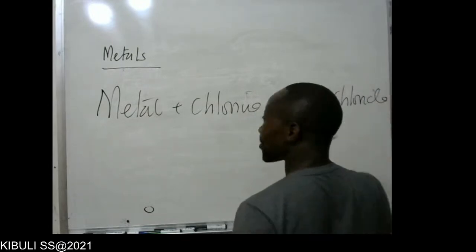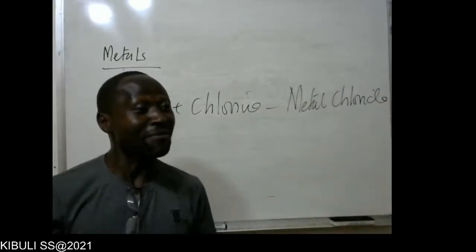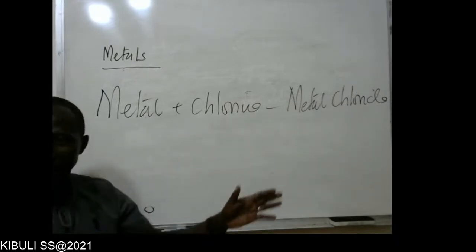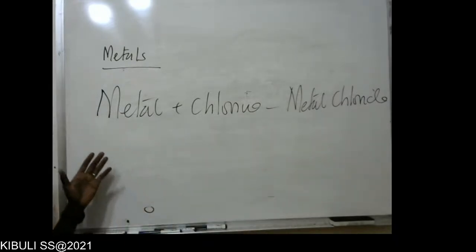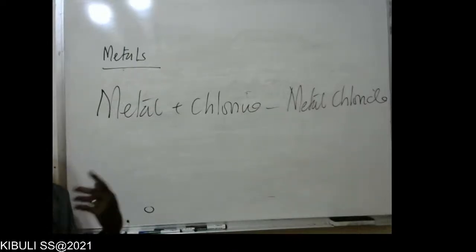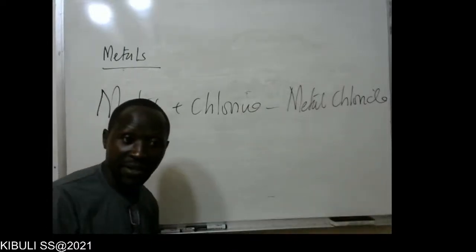The name of the metal chloride is determined by the name of the metal. There are many guys. Matovu chloride, the way you sometimes see people dropping their names and taking up the names of others.